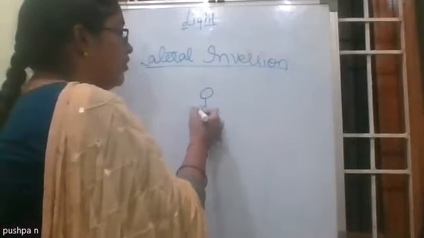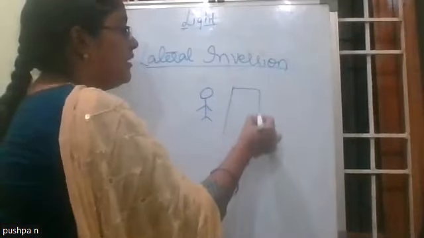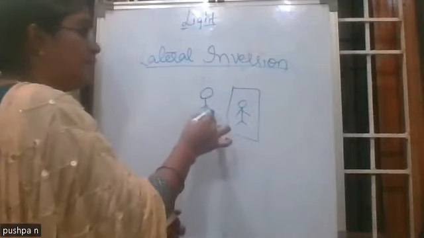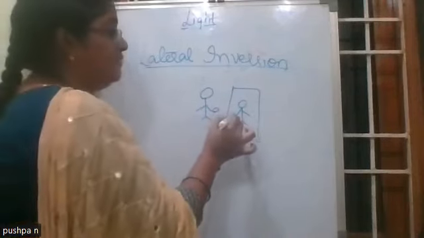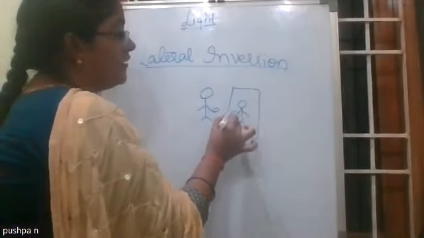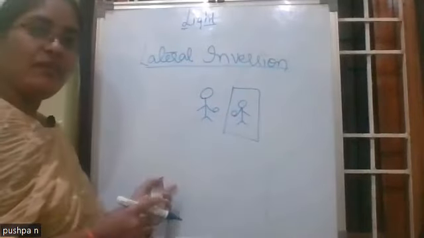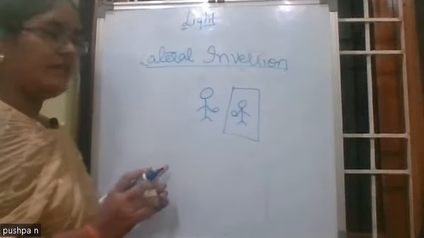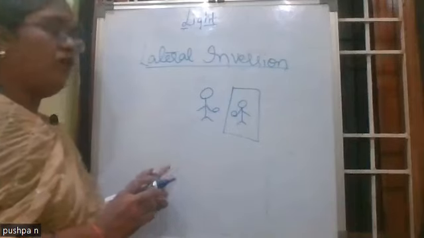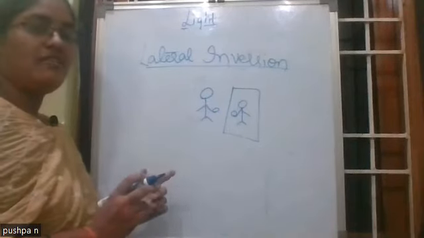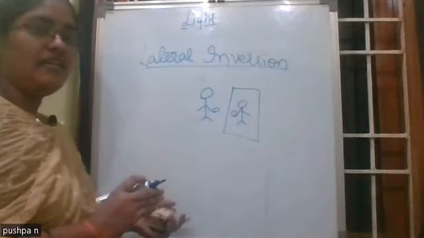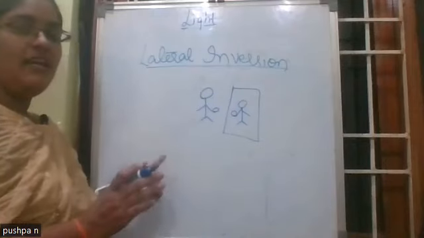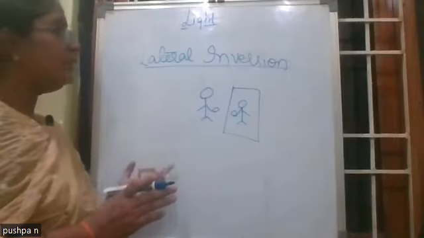Let's take a bag here. In the mirror, the right side will appear left and the left side will appear right. Why is it happening? Left is visible on the right side, right is visible on the left side. This is due to lateral inversion, which we can see in mirrors.